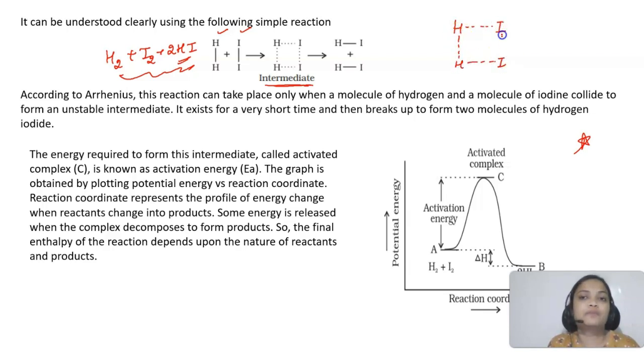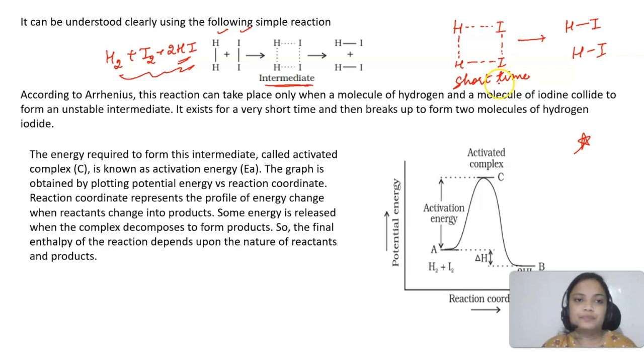Hydrogen and iodine molecules will collide with each other and form that unstable intermediate, which exists for a short time only because it is unstable. Then it will get converted to hydrogen iodide molecules.